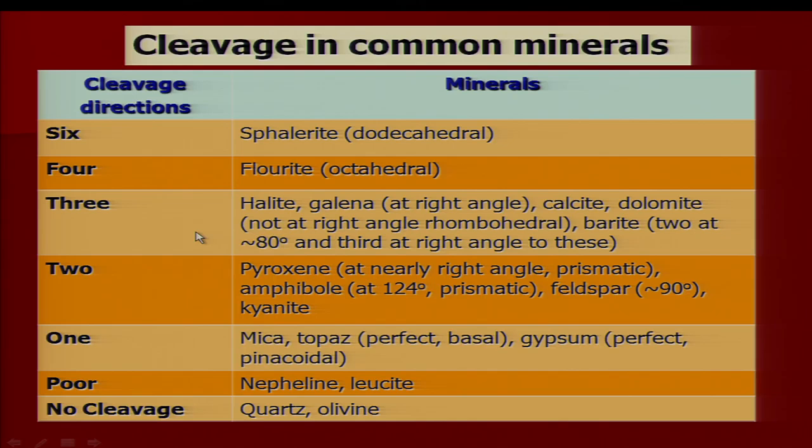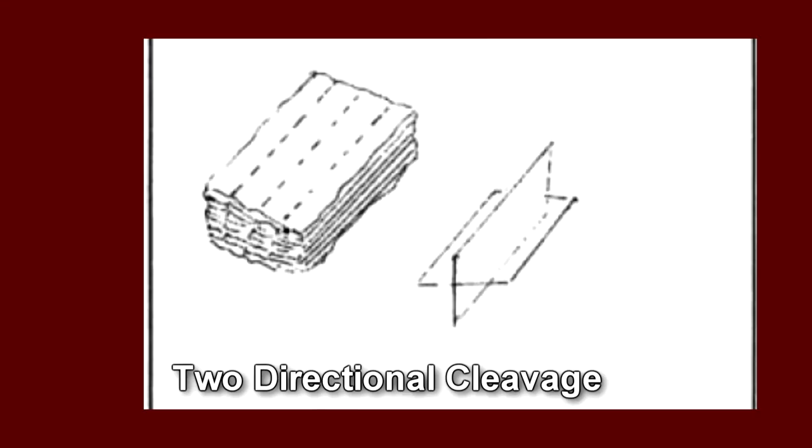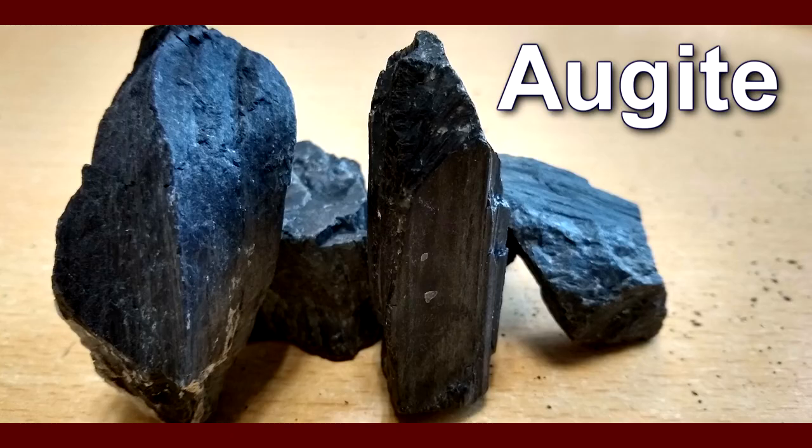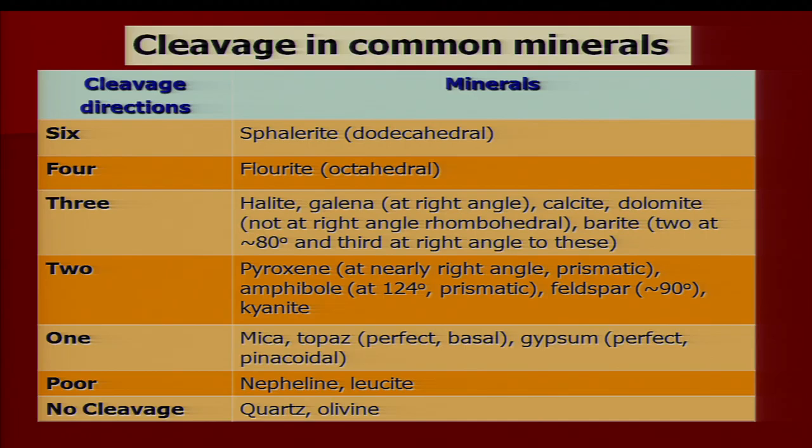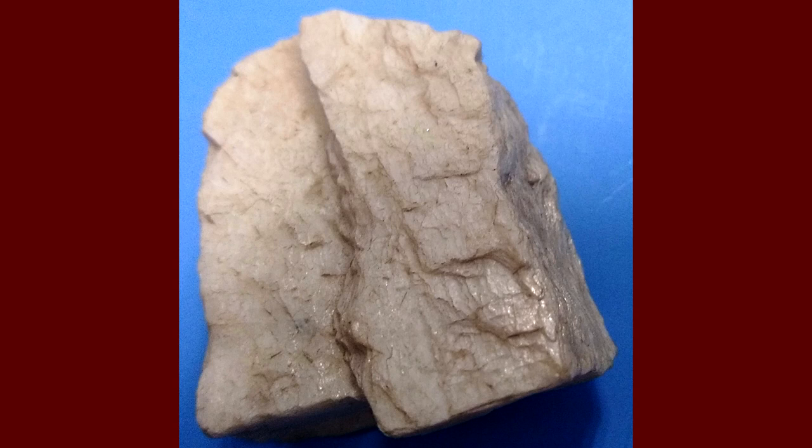In certain cases we get cleavages only in 2 directions. An example is pyroxene, where cleavage is of 2 directions. What is the angle between the 2 directions? That is 124 degrees, and we call it prismatic cleavage. Another example is feldspar, where we get cleavage parallel to the faces and they are at right angles, or 90 degrees, to each other.